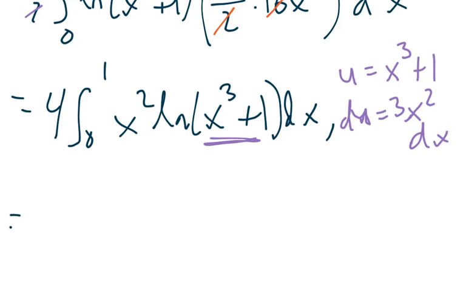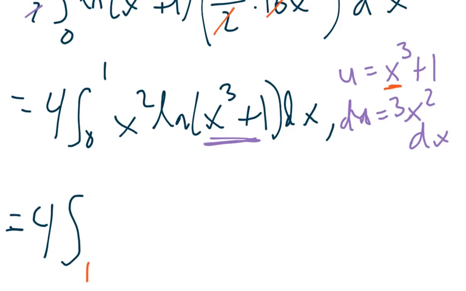So this becomes 4 over 3. So let's be more careful. This becomes 4. Our bounds change. If x is equal to 0, then u is equal to 1. So our bounds become 1.